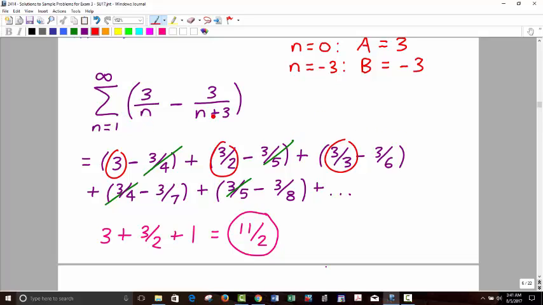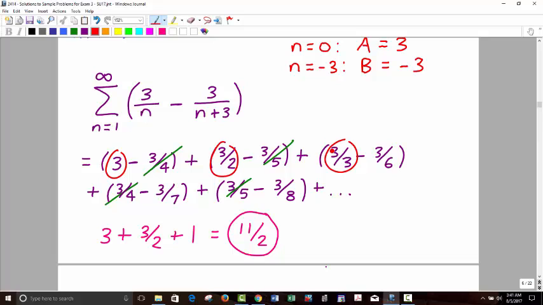Here's another little trick for you that makes this a little quicker. If you look at the difference in these denominators, n and n plus 3, the difference between those denominators is 3. I'm not talking about the numerator 3. If that had been n and n plus 2, I would have used 2 no matter what the numerators were. That tells you how many terms are going to be added together, and they're always going to be the first term of each parentheses.